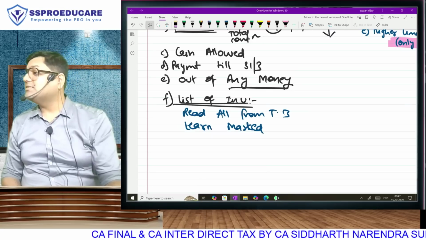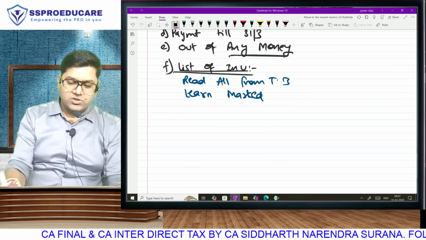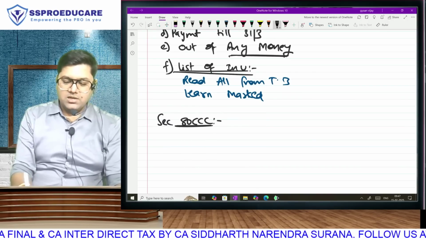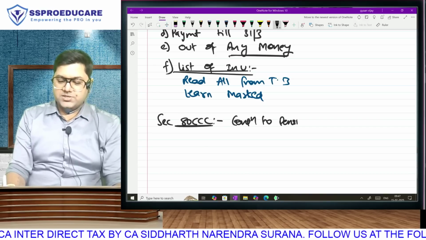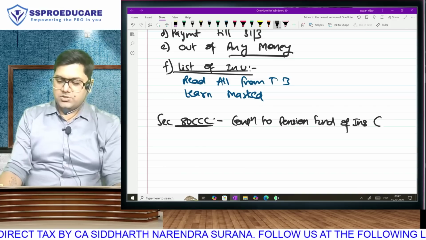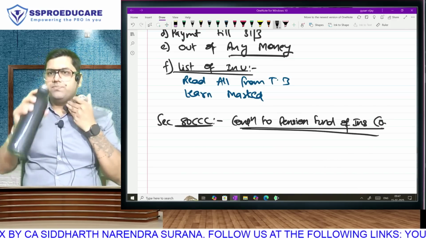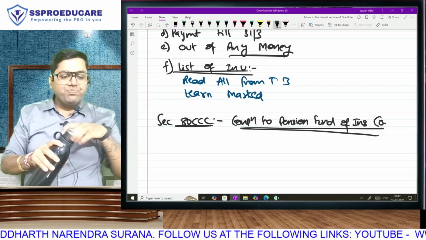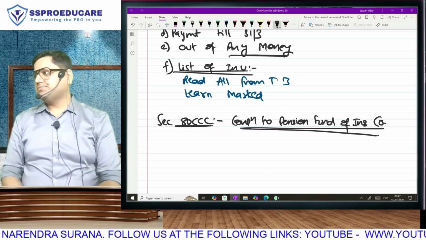While doing 80C itself, I don't know whether you still remember, we have actually already completed section 80CCC in one line: contribution to pension fund of insurance company.